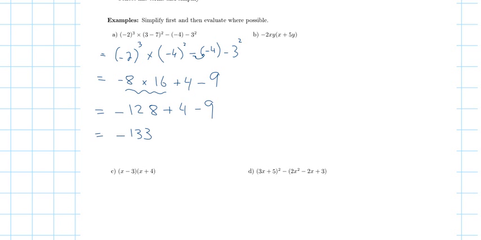Okay? Are we okay with this? So brackets first, exponents, and then you follow the division, multiplication, whatever comes first, then addition, subtraction. Be careful what calculator you use. Be careful with some of the calculators.